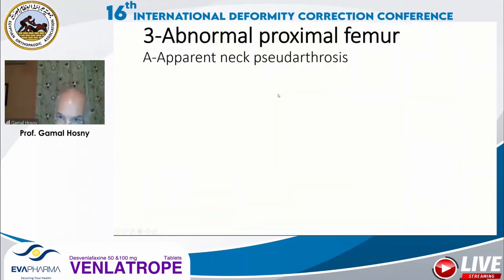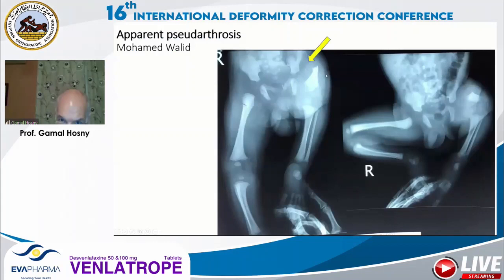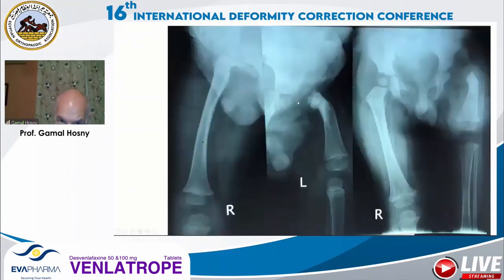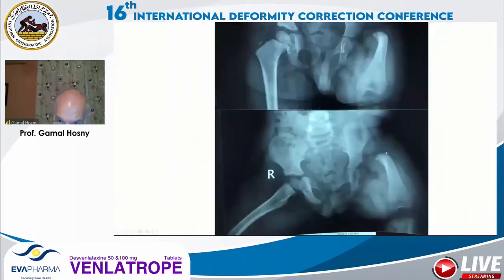Again, the apparent neck pseudoarthrosis, another example. This is at birth, and with follow-up, it seems like there is no neck, head on neck, more follow-up, the apparent pseudoarthrosis, again look.